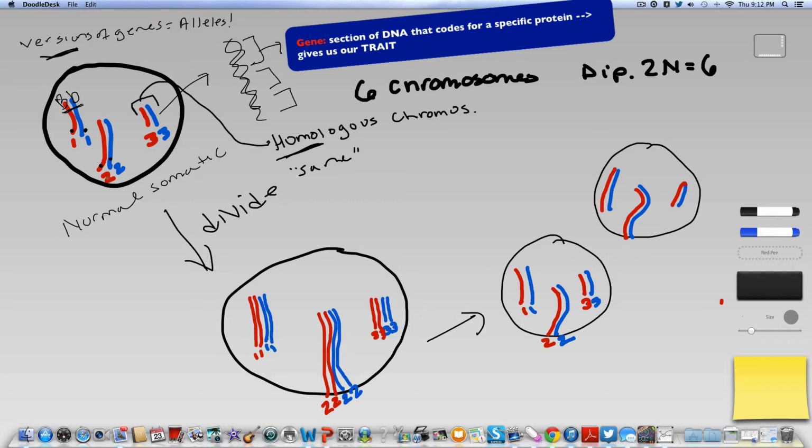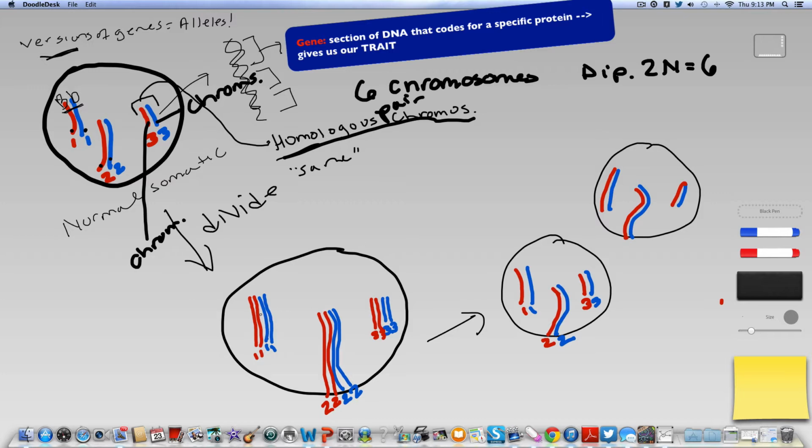So when we look at this, remember, this is where we backtrack. We called each of these individually a chromosome, and this was a chromosome. And together we called them a homologous pair of chromosomes.